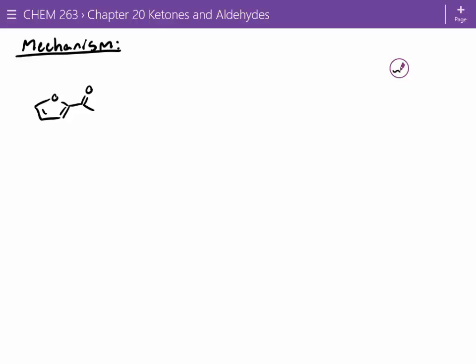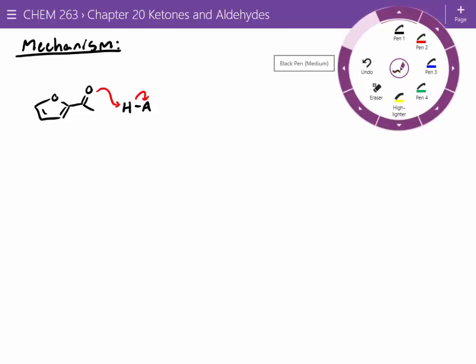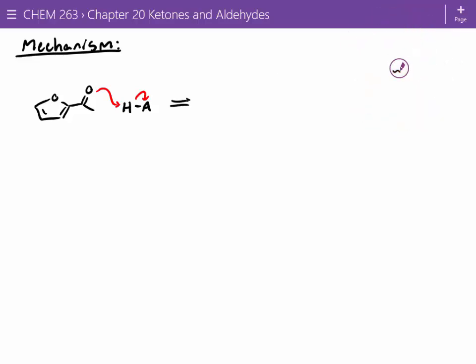And in the first step, we're going to react it with a strong acid. So I'll just call this HA. It'll protonate our ketone oxygen, kick off our conjugate base. Give that oxygen a positive charge.